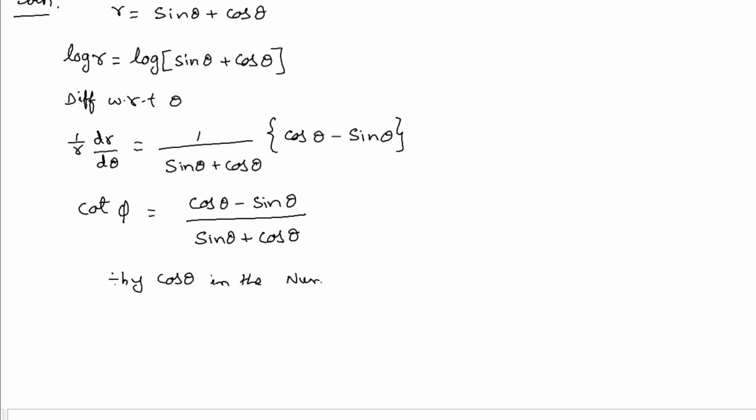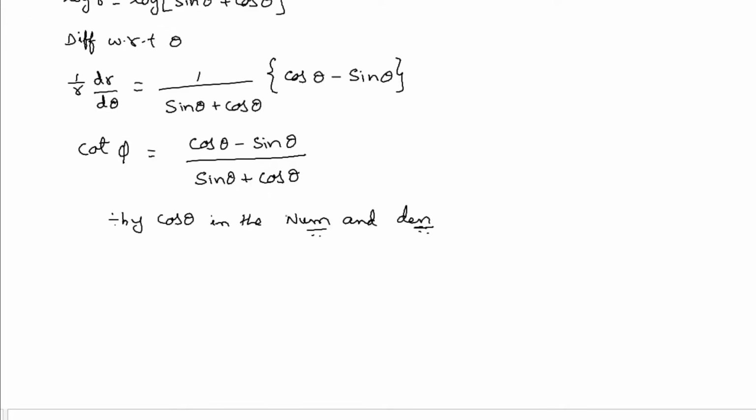In the numerator, cos theta divided by cos theta will be 1, minus sine theta divided by cos theta, which gives tan of theta.